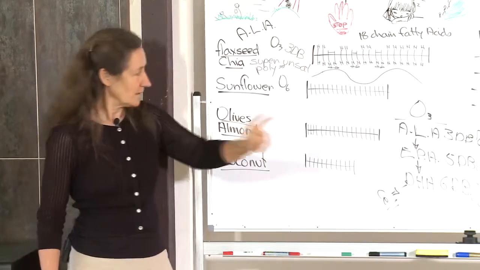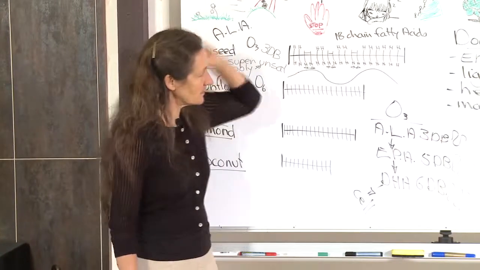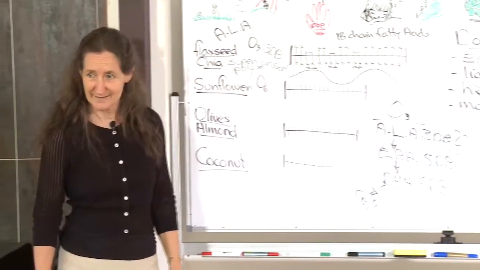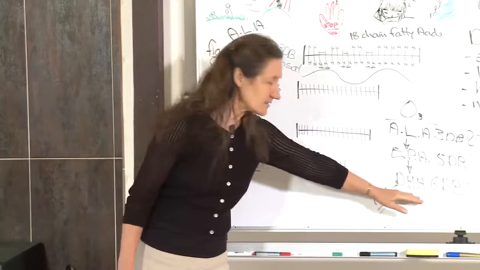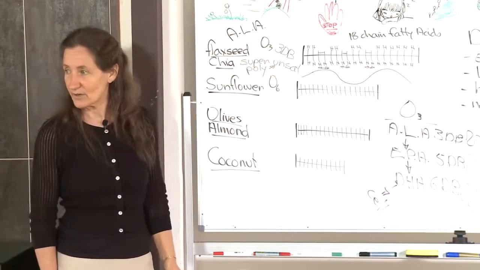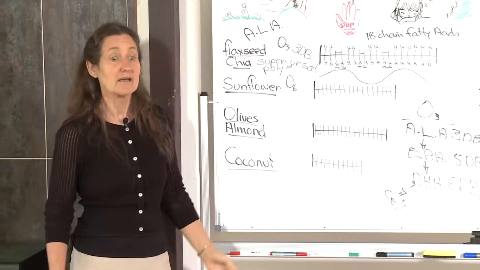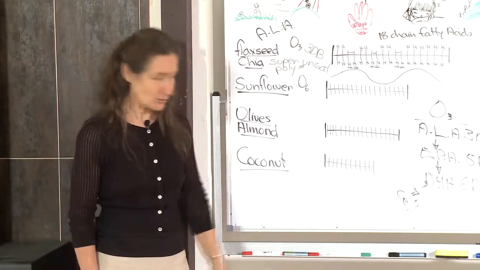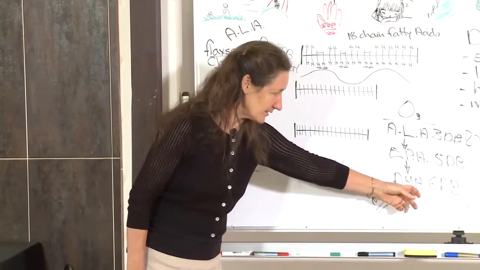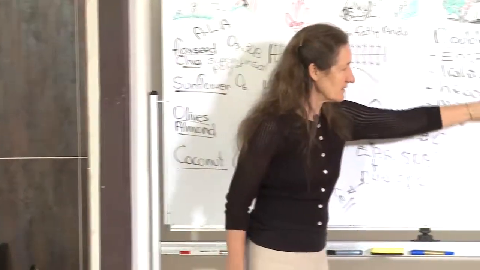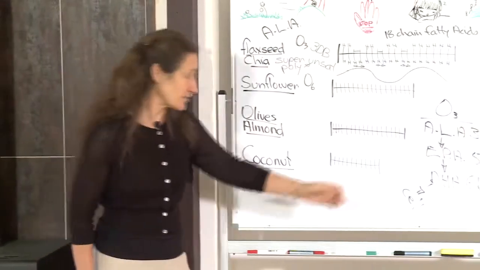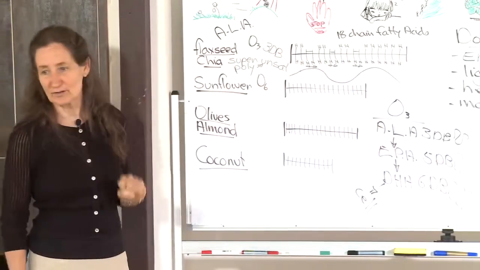But if 3 double bonds is sensitive to light, heat and oxygen, how sensitive is 6 double bonds? And the fish that are highest in DHA are also the highest in mercury. And where's mercury found? It's a fat-soluble toxin in the fat. Is it possible to extract the 6 double bonds without destroying them with exposure to that, and is it possible to extract it and not extract the mercury?